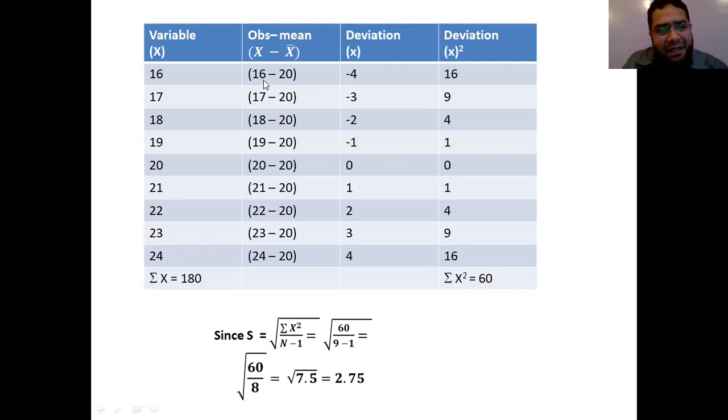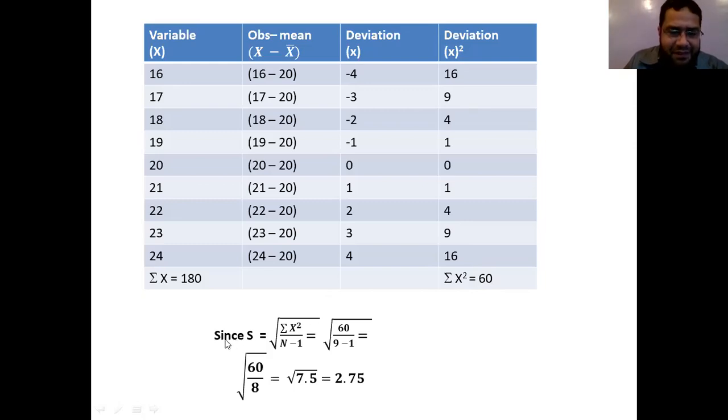Then we will find the deviation of each observation from the mean. Here our observation is 16 and mean is 20, so the deviation is 16 minus 20, that is minus 4. Then 17 minus 20 is minus 3, and so on. Then we find the deviation squares: minus 4 squared is 16, and so on. The sum of these squares comes out to be 60.